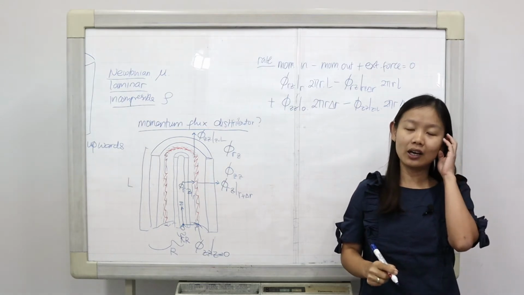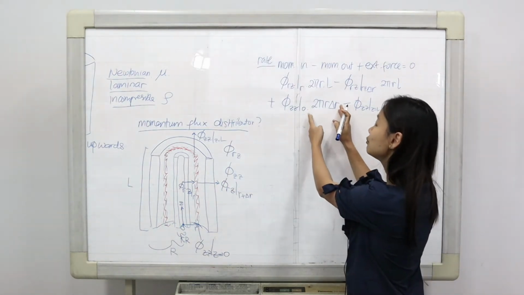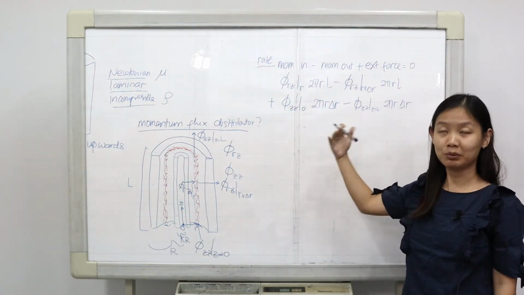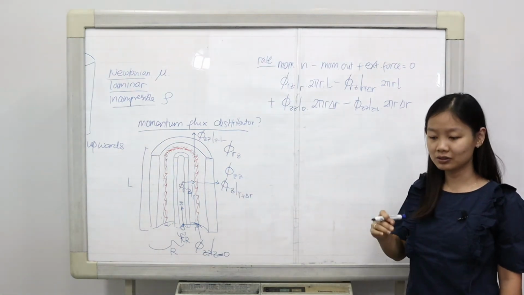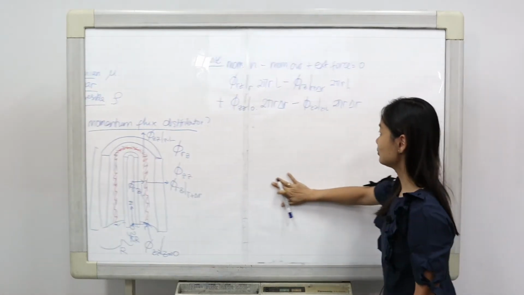Okay, so I hope you still remember or understand why we have 2 phi r delta r here as the perpendicular surface to phi zz. If you forget or are still confused, you can ask me.